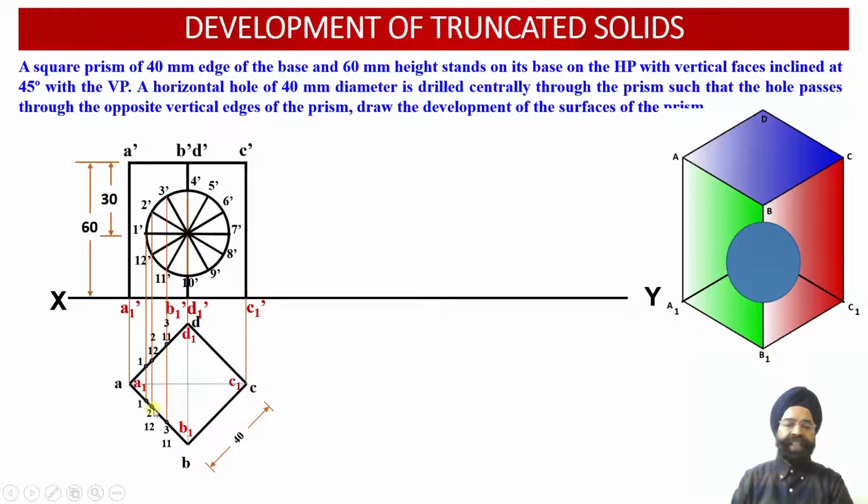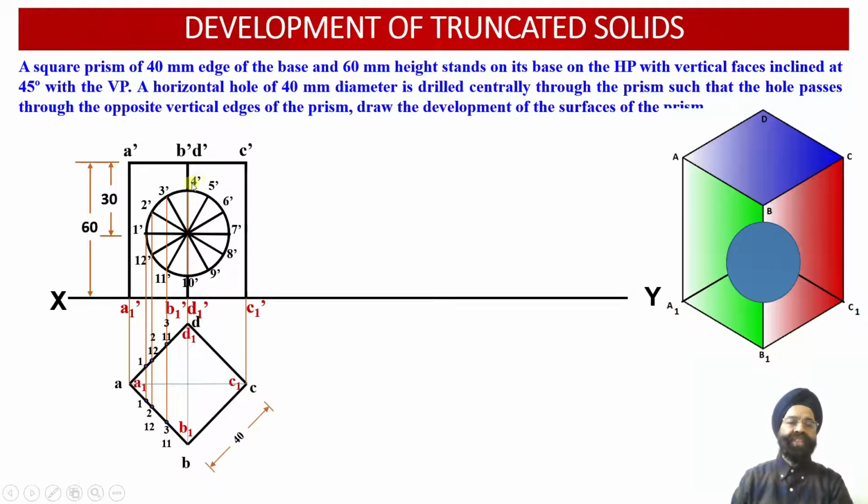Similarly, onto the front side of the solid, we are going to measure this distance from point A to 3, 11 alongside the boundary of the solid as we move from point A to point B.